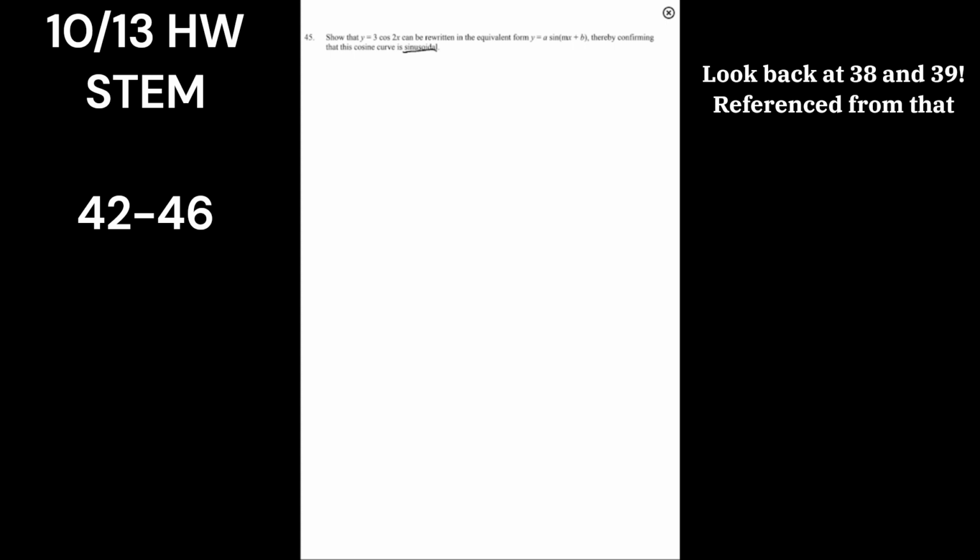So here we learned that cosine of x is equal to sine of x plus pi over 2.